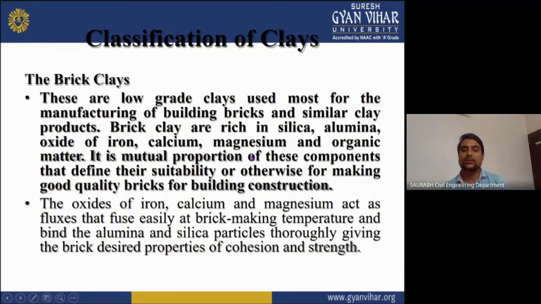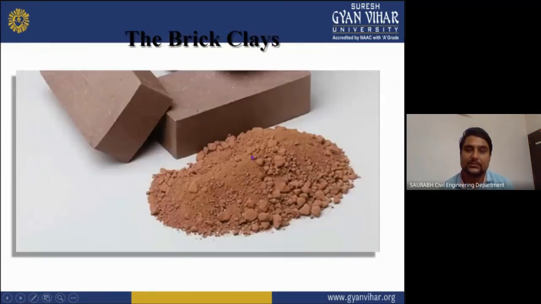It is the mutual proportion of these components that defines their suitability for making good quality brick for building construction. The oxides of iron, calcium, and magnesium act as flux that fuses easily at the brick making temperature and binds the alumina and silica particles thoroughly, giving the brick the desired properties of cohesion and strength.